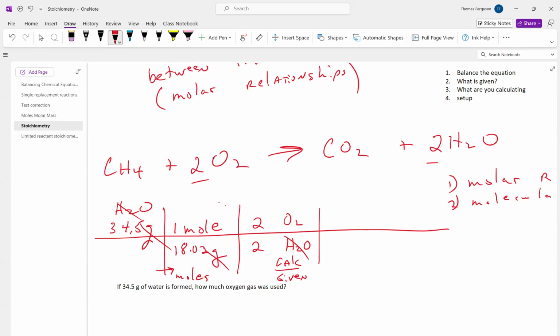Oxygen is 16.00 each one, and there are two of them, so that's 32. So now we're at grams of oxygen. So we multiply everything on the top, divide by everything on the bottom.